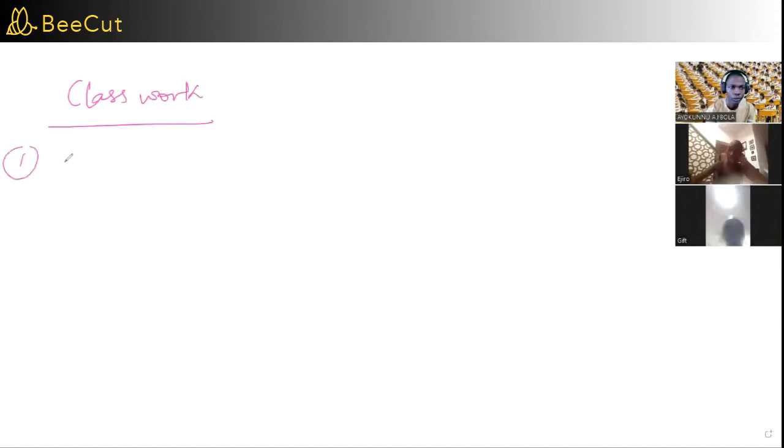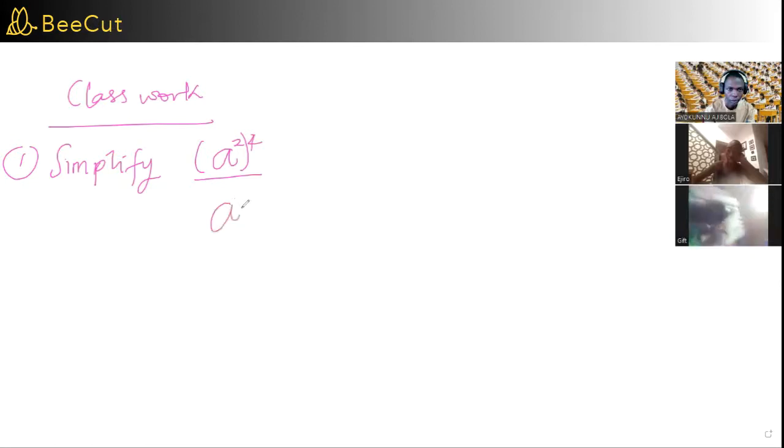Question 1, to simplify. A raised to power 2, then 4 outside here, all over A raised to power 3.